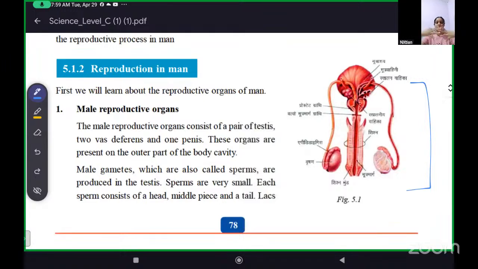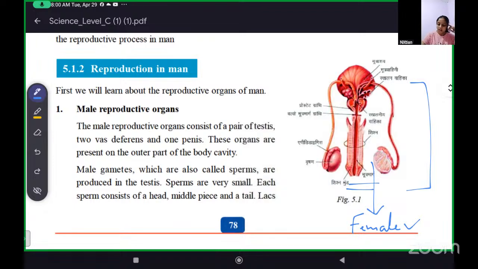When they are joined together, through the male reproductive organ, the sperm travels to the female reproductive organ, and inside the female there is the egg, so there they join together, they come together, and then the zygote is formed.